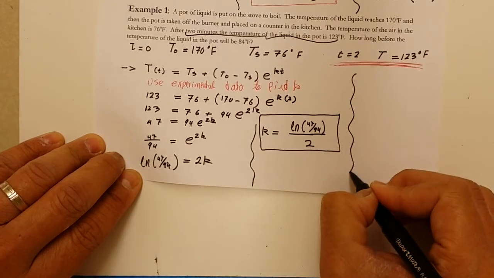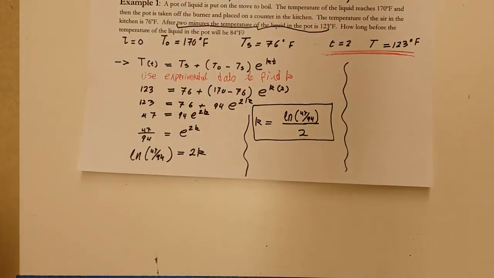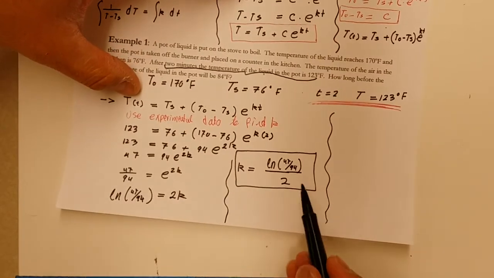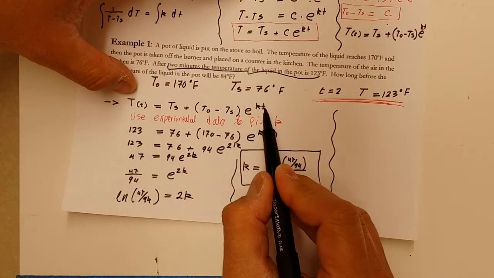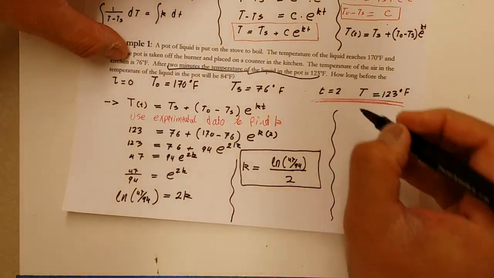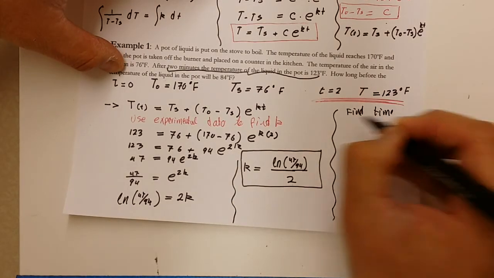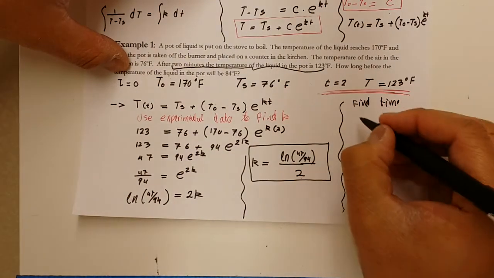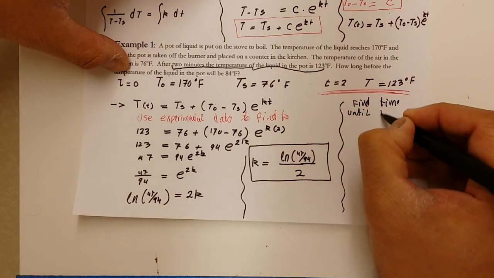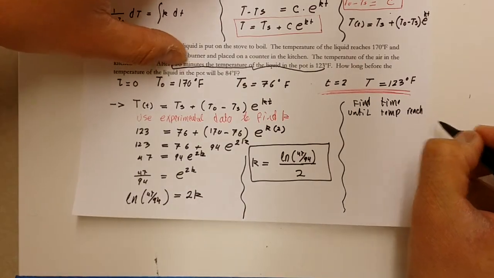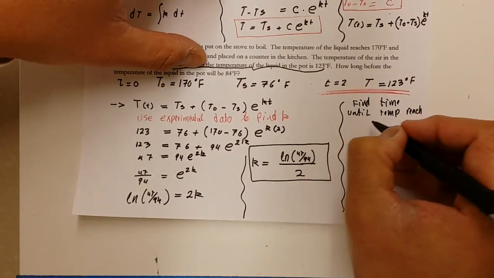Alright? So once we know k, then now we can answer the question, because that was what was missing in finding the answer to this question. Now, I am going to plug everything I know in here, and I'm going to solve for t. So, how long? So, find the time until the temperature reaches 84 degrees.